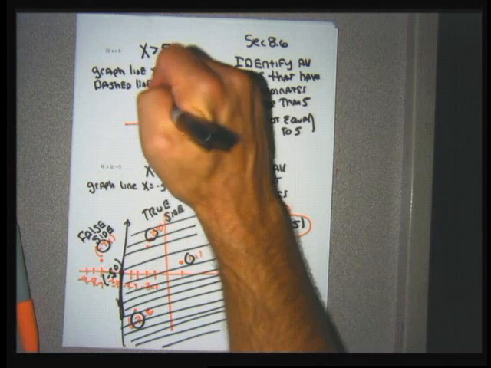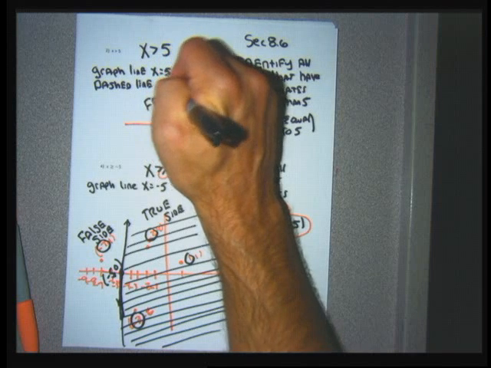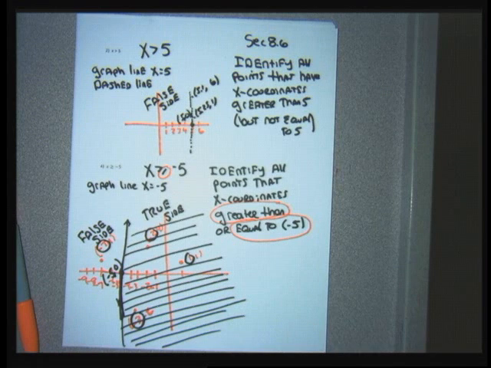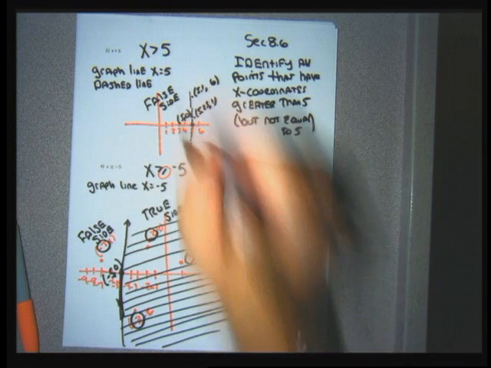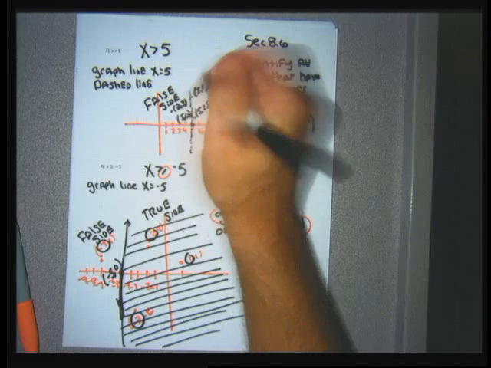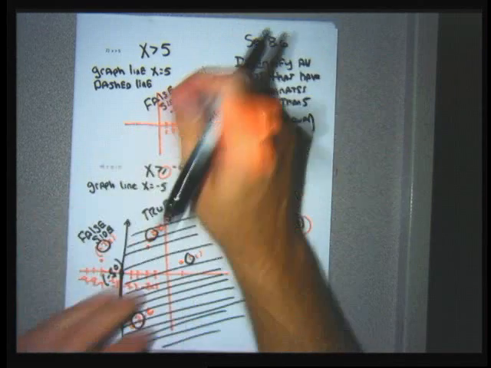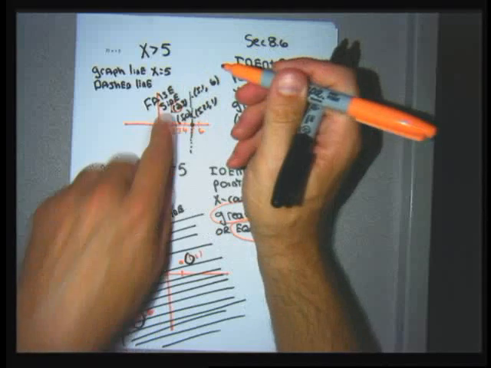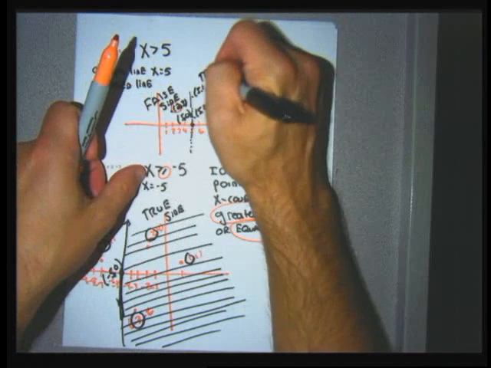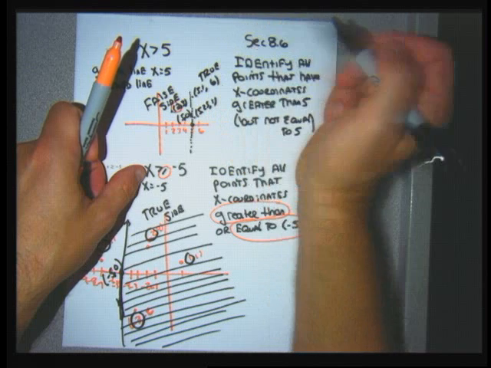Just like the last problem, the false side of the line is going to be the left side, because any point to the left of this line, like maybe the point (2, 3), has an x-coordinate that is less than 5, and the right side of the line is going to be the true side.